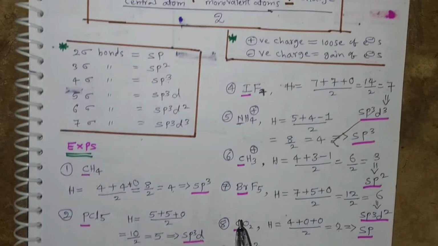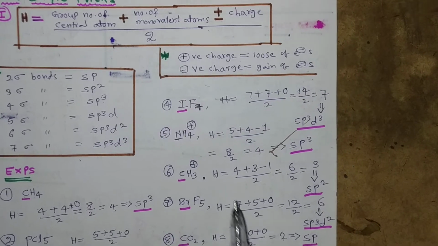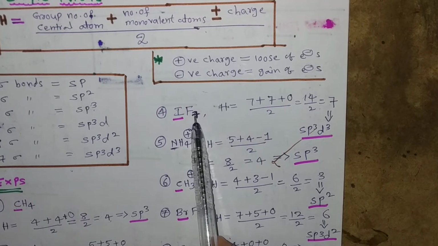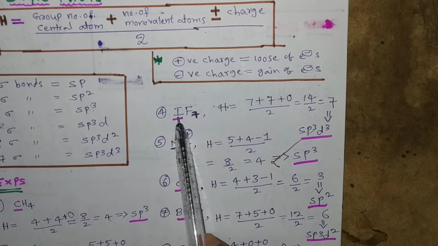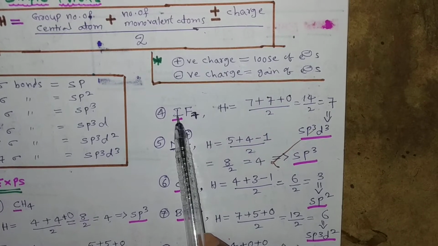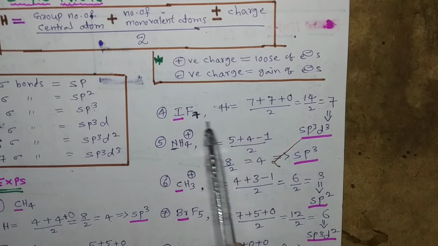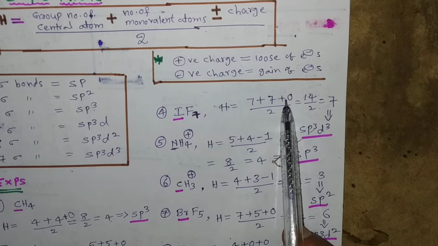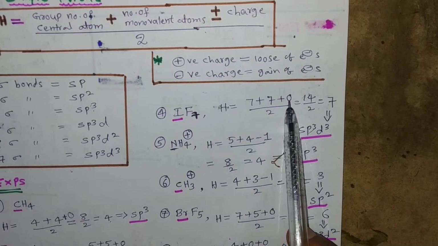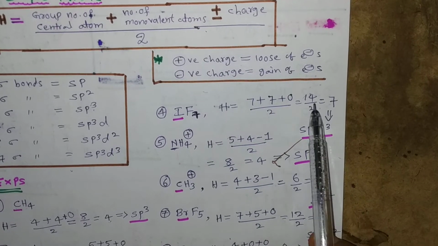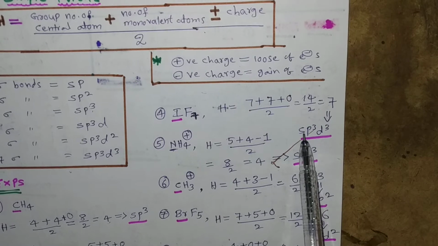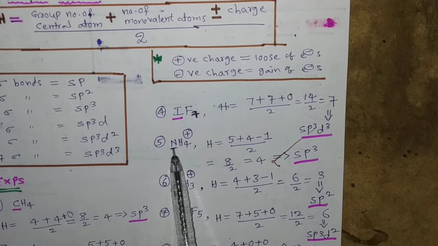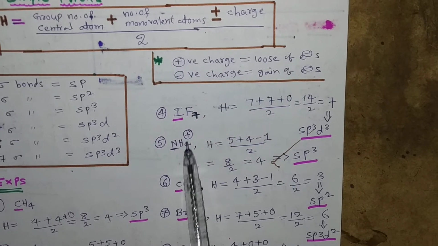Next, IF7. In this molecule, iodine is the central atom, group number 7 plus monovalent fluorines 7 plus no charge on the molecule 0 by 2. 14 by 2, 7. What is the hybridization? sp3d3 hybridization.